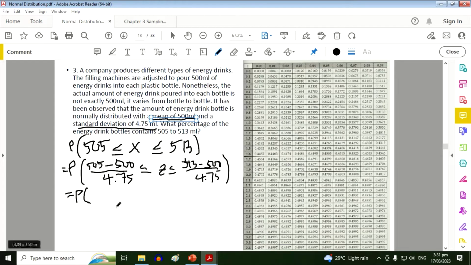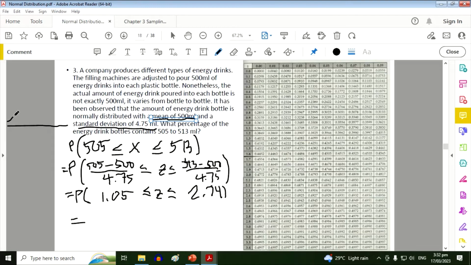So this is equal to positive 1.05, and the other one is 2.74. Both of them are on the right side of the normal curve.